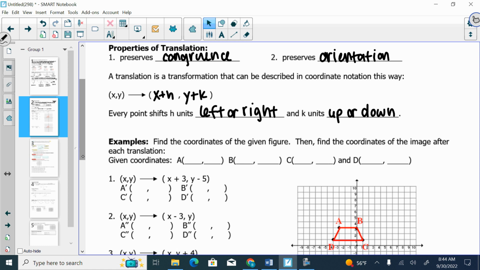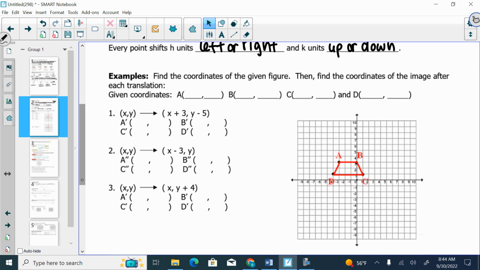Okay, so first we need to fill in where coordinates A, B, C, and D are. So where is point A on the coordinate grid? Good. And where is point B? Good. And where is point C?